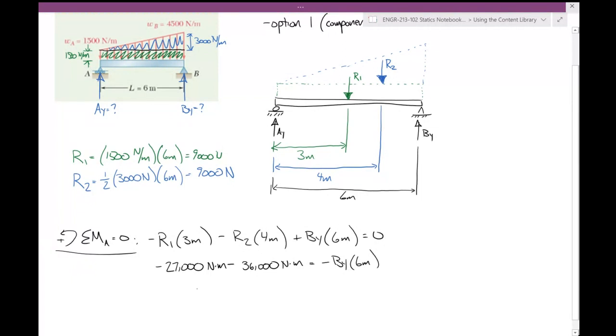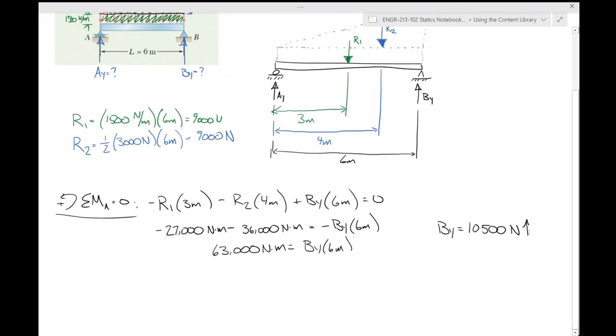Well, what do I do here? That plus that, so 63,000 newton meters equals BY times 6 meters. Dividing both sides by 6, I get BY is 10,500 newtons up.